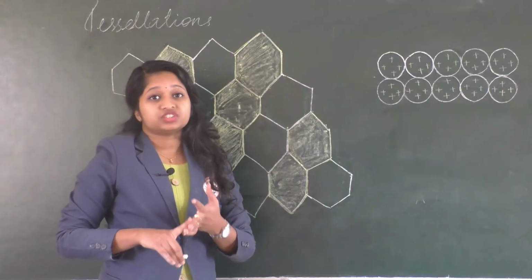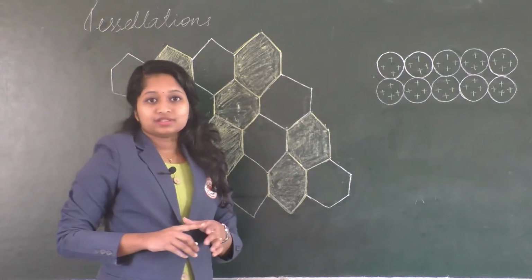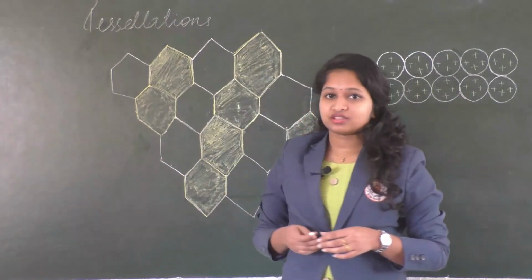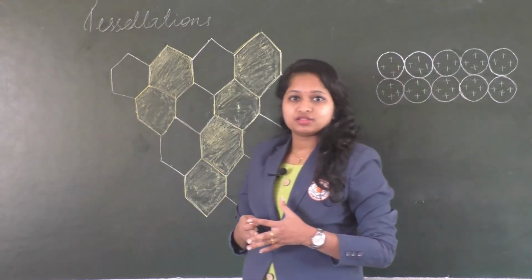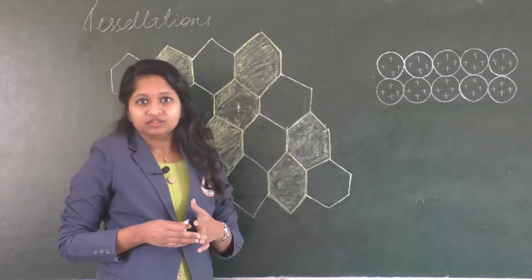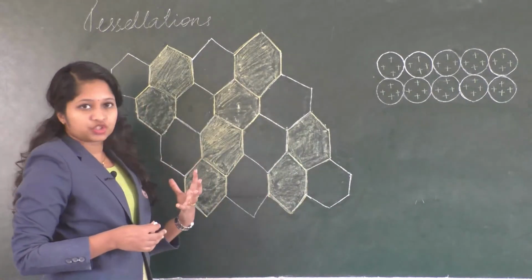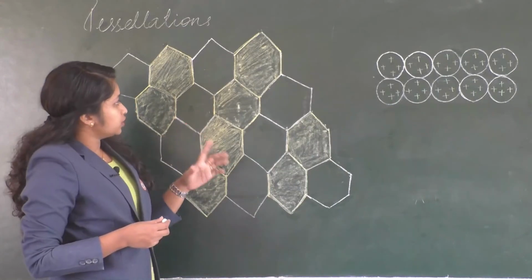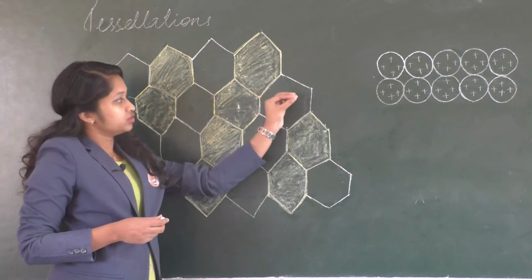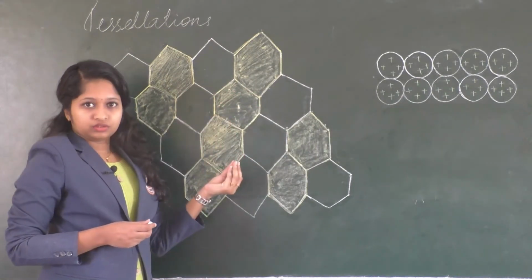Okay, children, we have learned about symmetry and patterns as well as coding, isn't it? Now let's see tessellations. What are tessellations? They are the patterns formed on a plane by repeating the same shape. Here, if you observe this figure, all the shapes are the same and there are no gaps in between, isn't it?